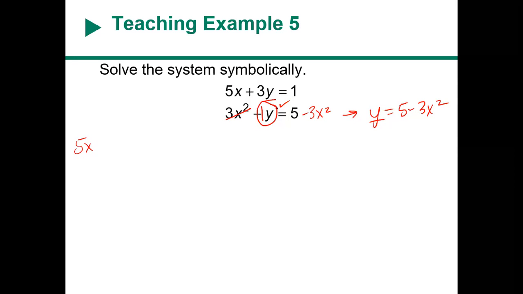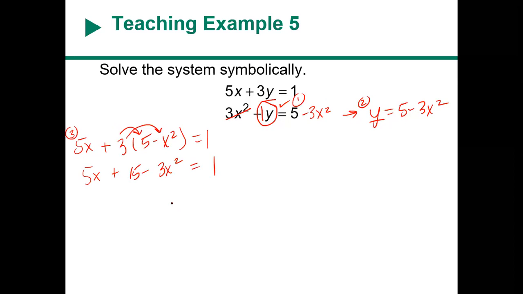So we have 5x plus 3 times 5 minus x squared equals 1. We're going to distribute, and we get 5x plus 15 minus 3x squared equals 1.